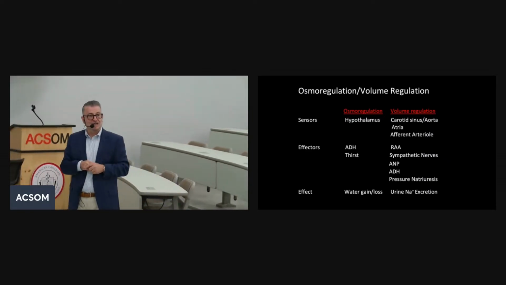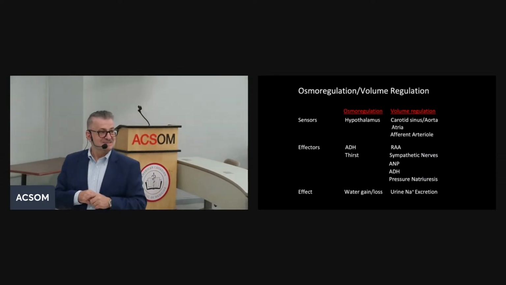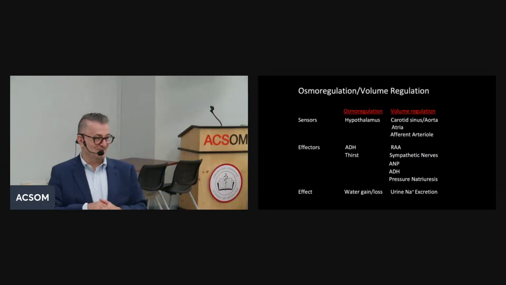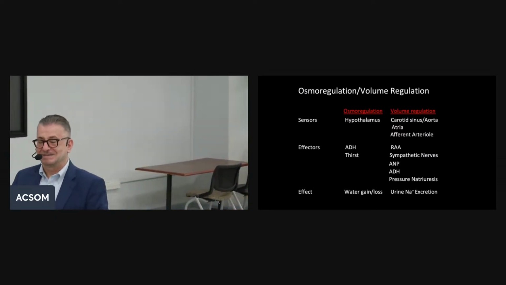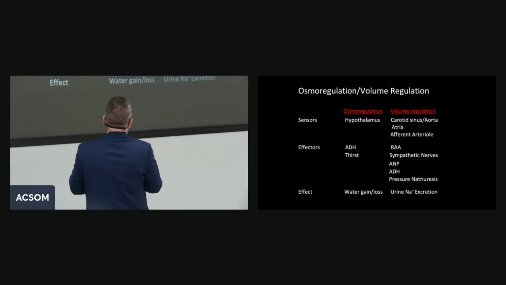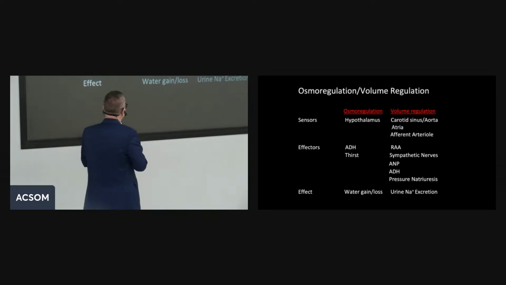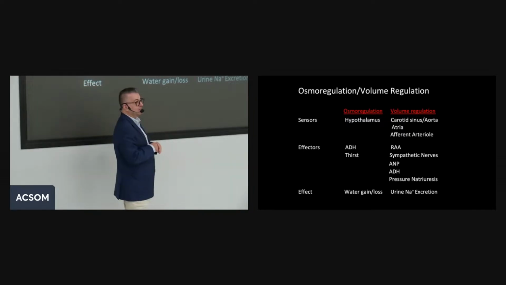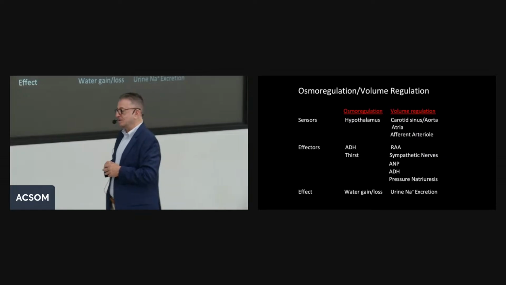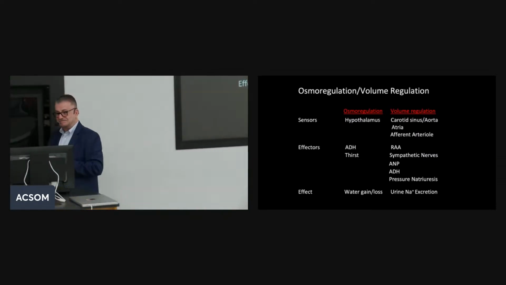What's the other name for ADH? Arginine vasopressin. Very good. All right. So the hypothalamus senses what's going on with osmolality, releases ADH, and you can get more water gain or loss. It calculates what's going on and adjusts the amount of water you get.